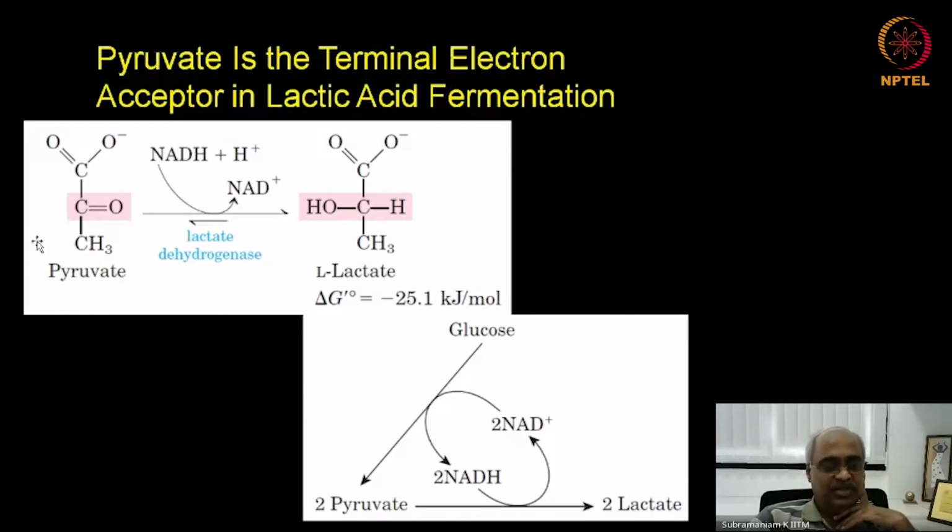So we are going to start with this pyruvate and look at the things that can happen to pyruvate. One of them is immediate reduction to lactate, lactic acid. This is what happens in your muscle cells when you go for a fast run, like a short sprint.